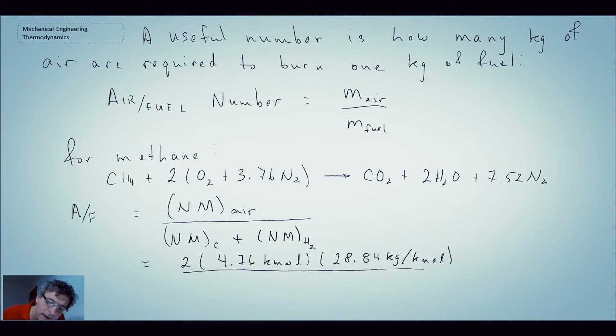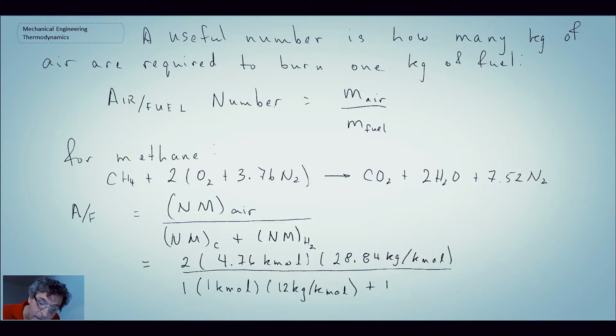We want to now divide that by our balance for the fuel, and first of all we start with carbon. In our stoichiometric balance, we have a 1 out in front of the CH4, so we're dealing with 1 kilomole of carbon multiplied by the molar mass of carbon, which is 12 kilograms per kilomole. Plus, now we're going to do diatomic hydrogen.